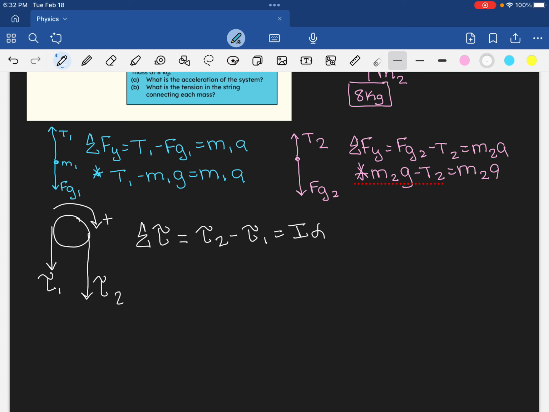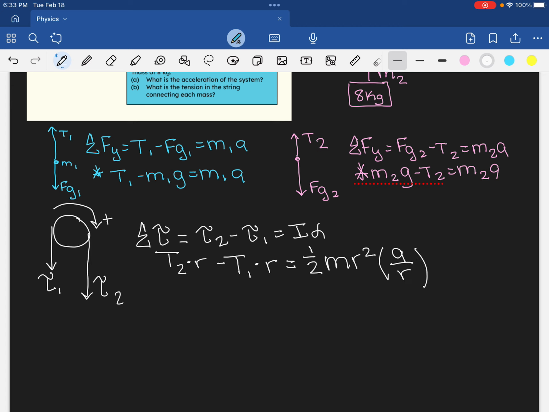Now we're going to break apart my torques, and we're going to say that this is due to tension 2 times a radius, and this is due to tension 1 times a radius. We're going to plug in the equation that we were given for the moment of inertia, and we are also going to plug in the angular relationship.